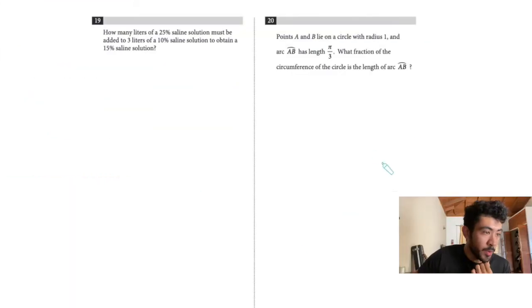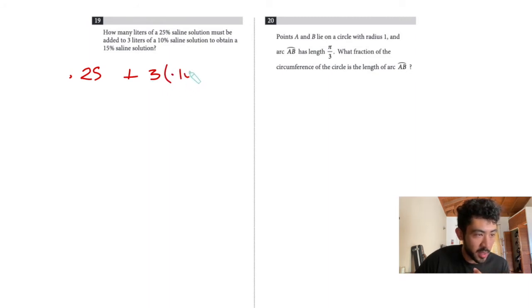4. How many liters of a 25% saline solution must be added to 3 liters of a 10% saline solution to obtain a 15% saline solution? How many liters means we can multiply this by x, and the new volume over here should be 3 plus x.